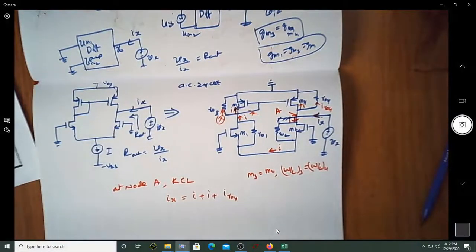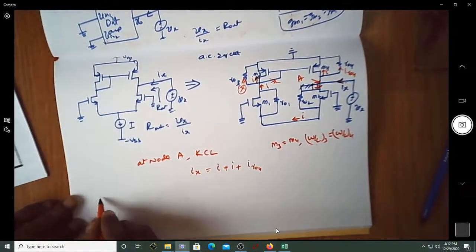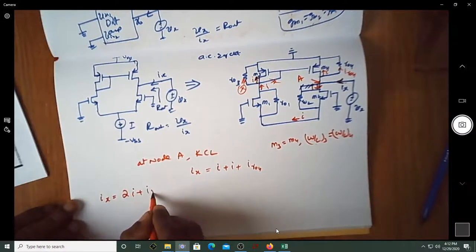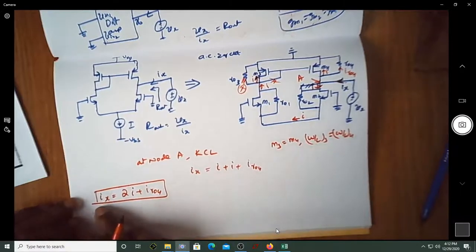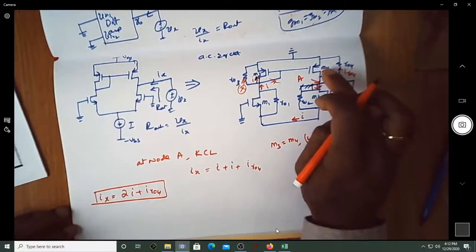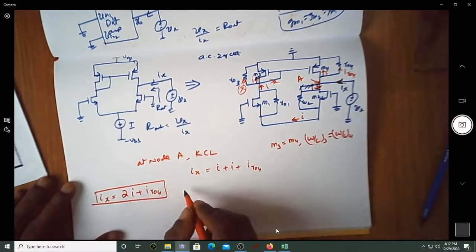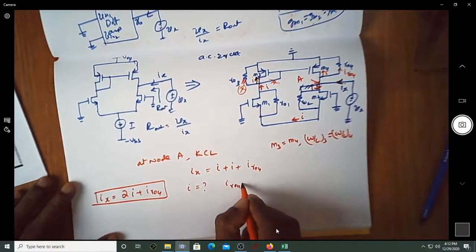So these are the currents we are looking at. Now I can write Ix equal to 2 times I plus IR04. Once we have the expression for Ix in terms of 2 times I plus IR04, let us try to identify the value of I and the value of IR04.